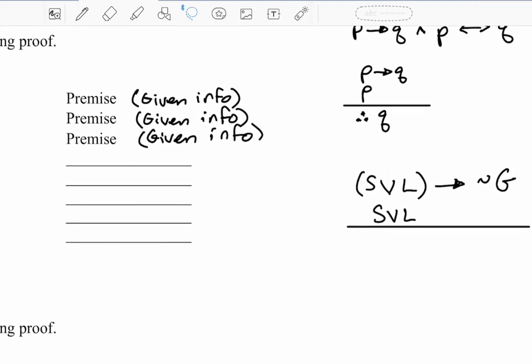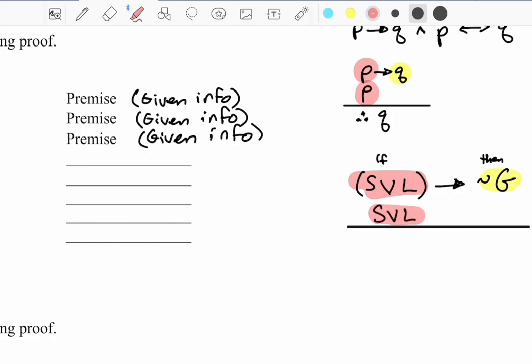We have an if, and we have a then, just like in the P and Q. The if is being confirmed.